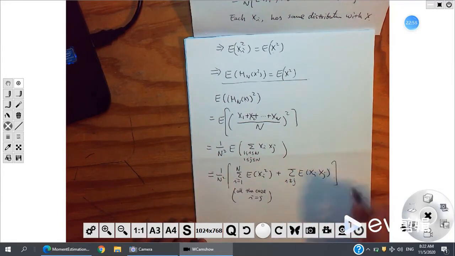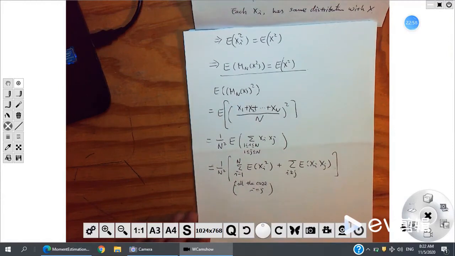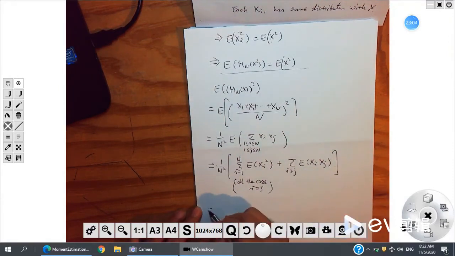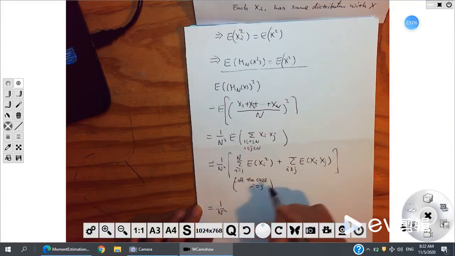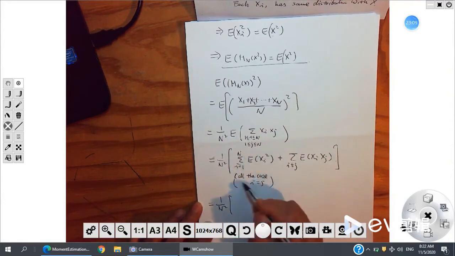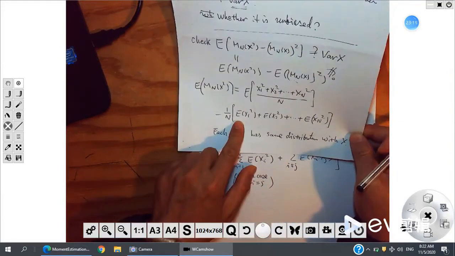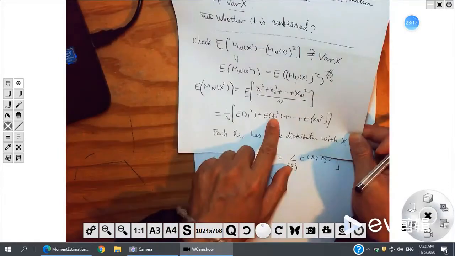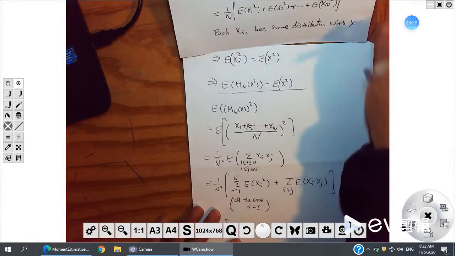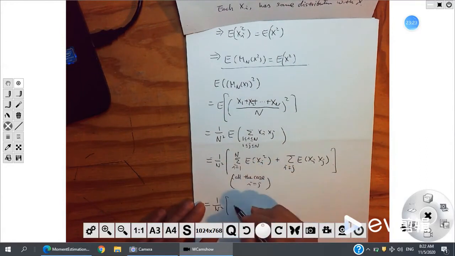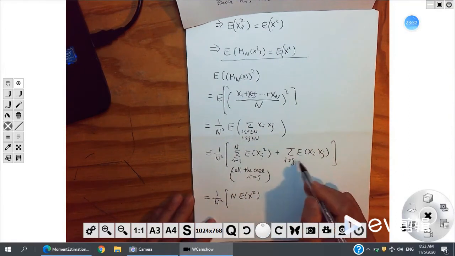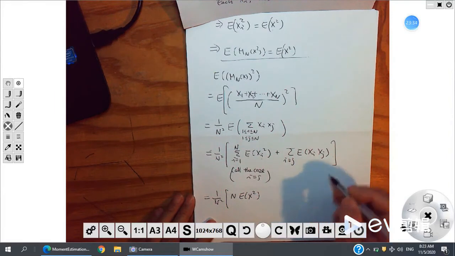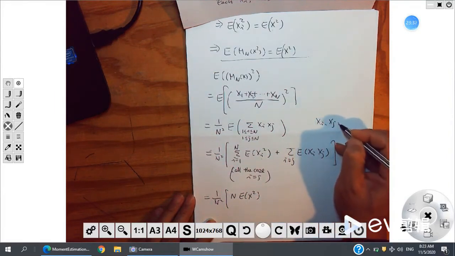We have this. Okay, the summation, the first term, E of xi squared, similarly, is just the same as this part. So each one is just E of x squared. So totally I have n terms, n of E of x squared. And the others are different. We know xi, xj are independent.